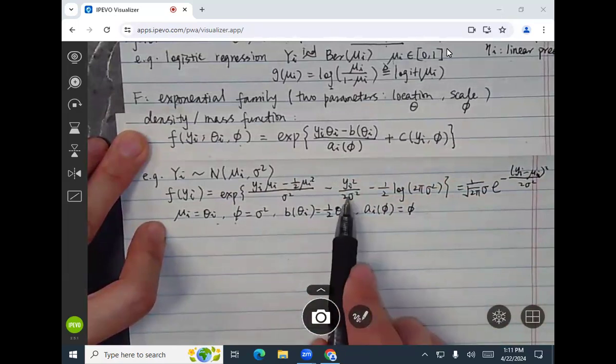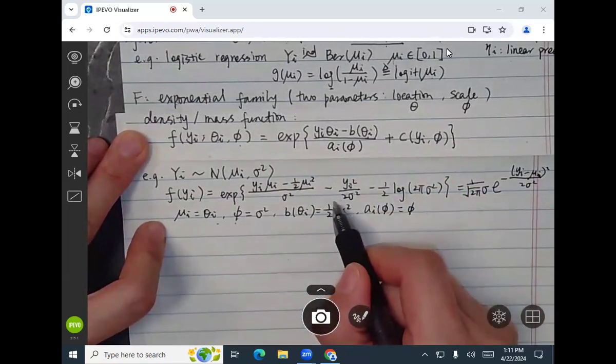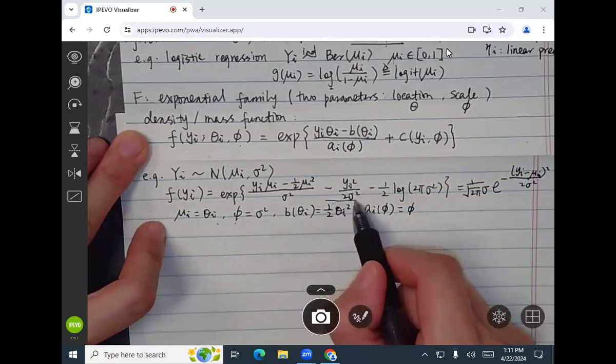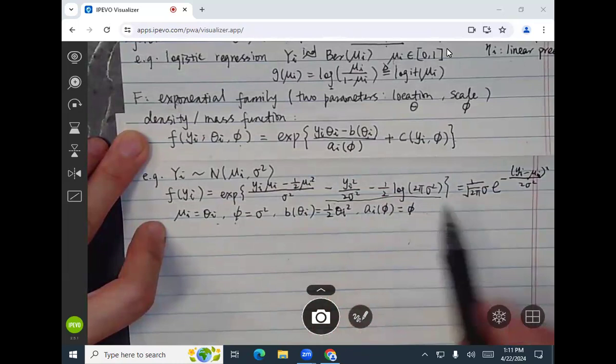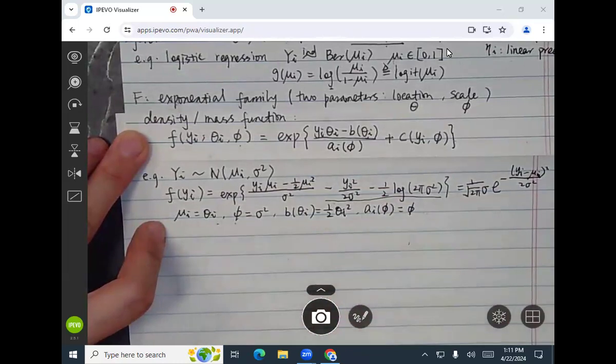And this remaining term is the c function we need for the normalization. So basically we're showing that the Gaussian distribution belongs to the exponential family.